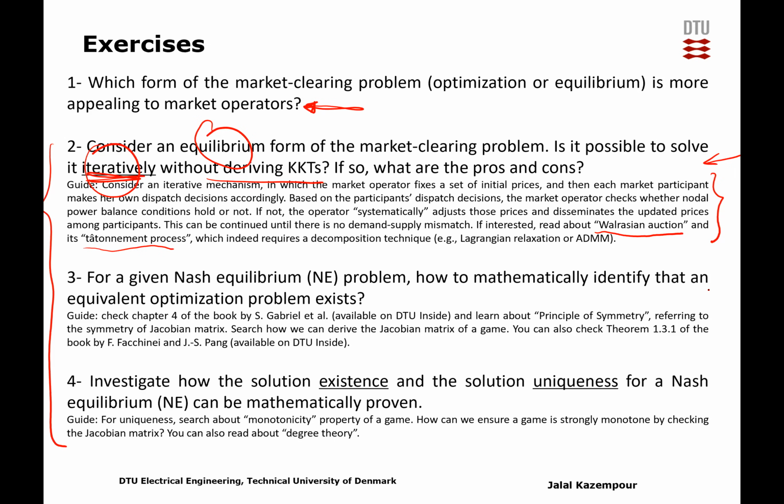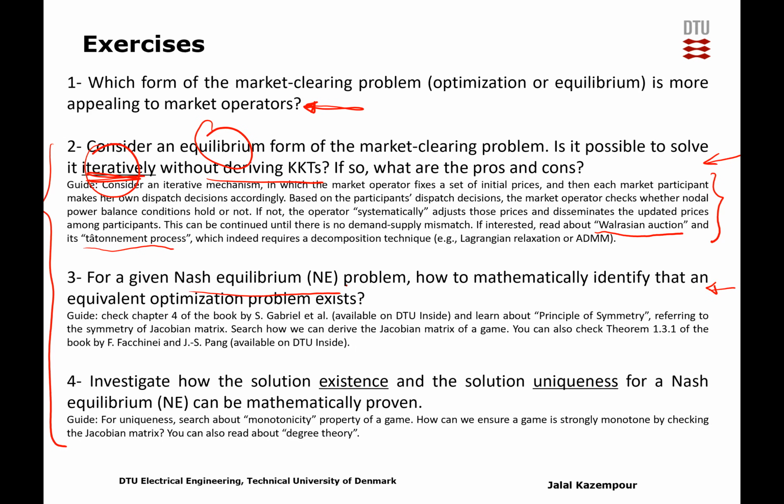Okay, let me explain exercise 3. Today we derived a Nash equilibrium problem. I'm not saying GNE, I'm saying Nash equilibrium, NE.